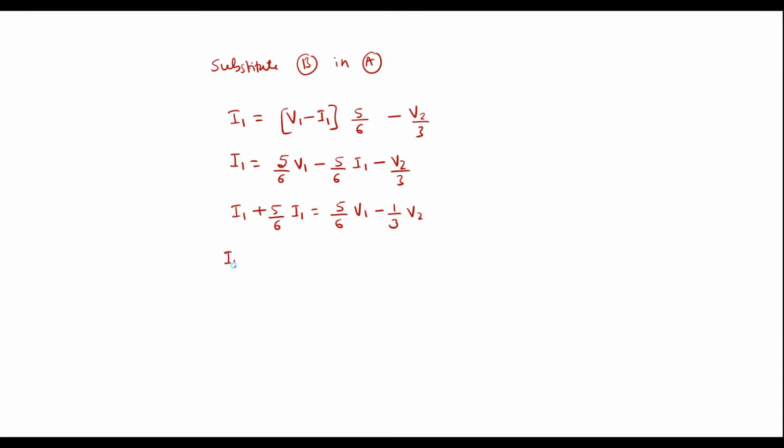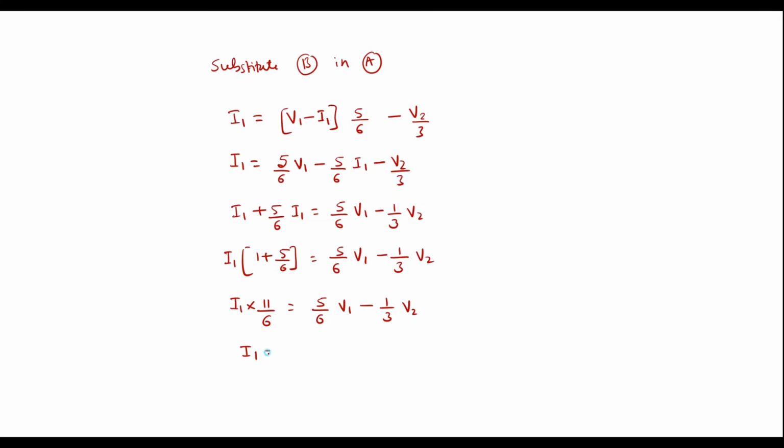That is, I1 times (1 plus 5 by 6) is equal to 5 by 6 V1 minus 1 by 3 V2, that is I1 into 11 by 6 is equal to 5 by 6 V1 minus 1 by 3 V2.